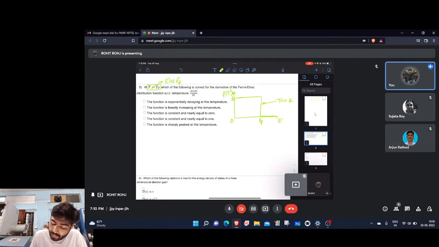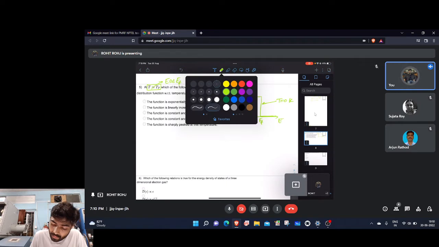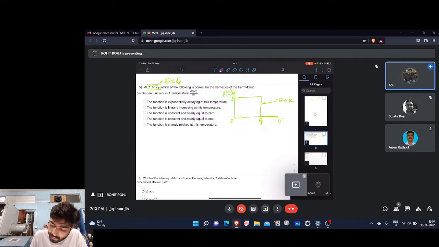Okay, now for T very close to 0 Kelvin, this Fermi function passes through half and then decays, so this function is still pretty sharp. It's not smooth, still pretty sharp.